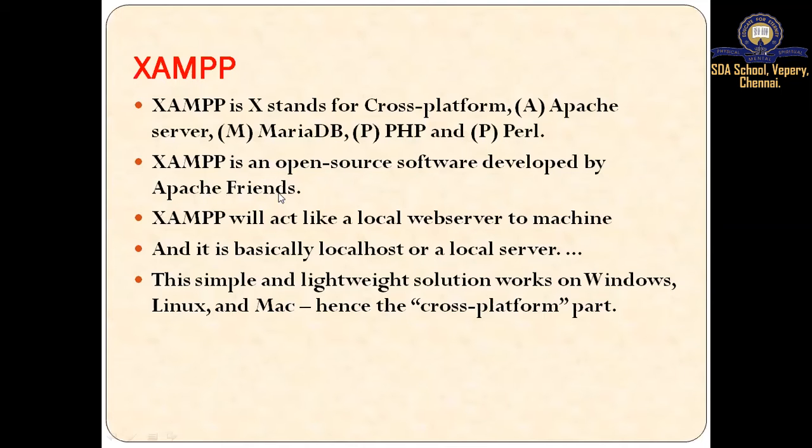When you install XAMPP, it will work like a local server. We can even call that server a local web server on a machine. Basically, XAMPP will be referred to in the system by the name localhost or local server.